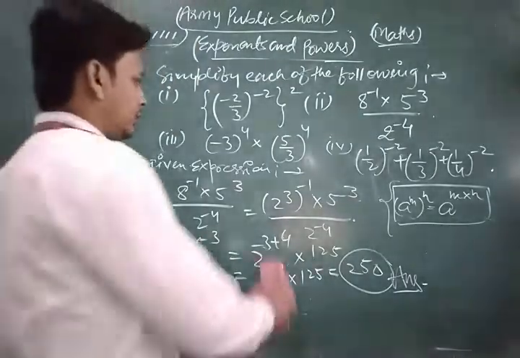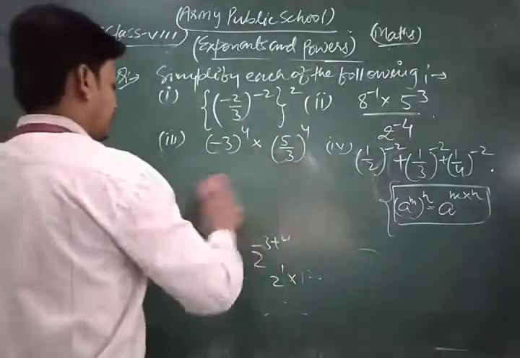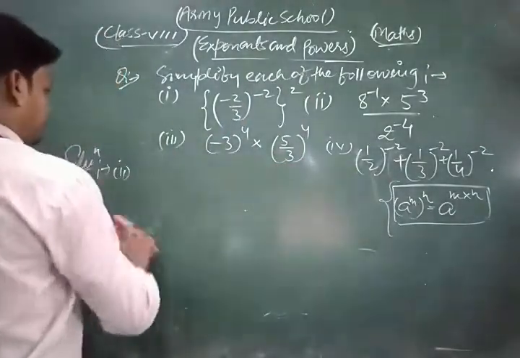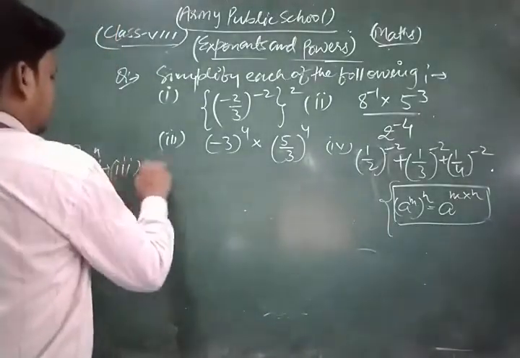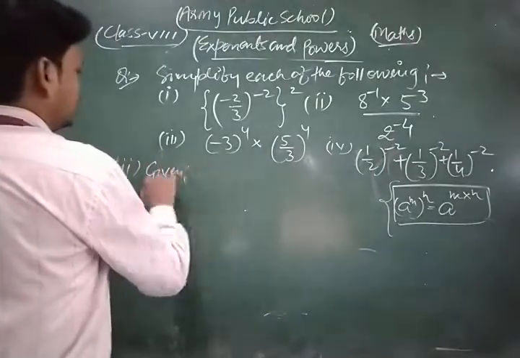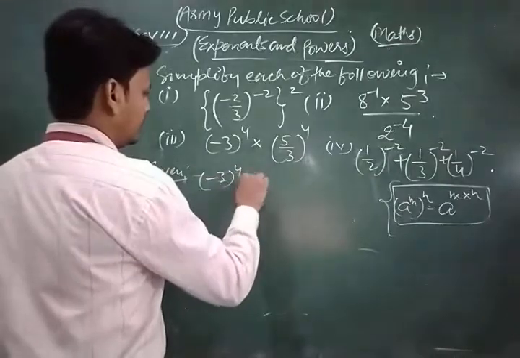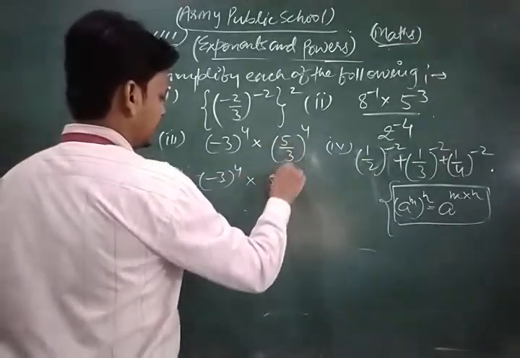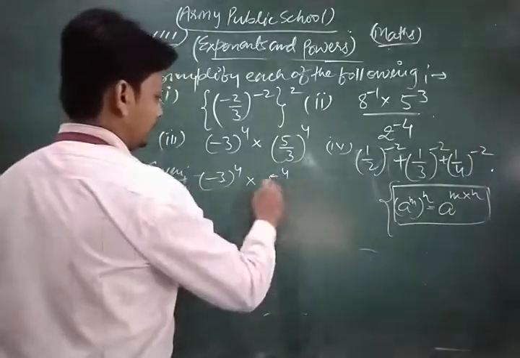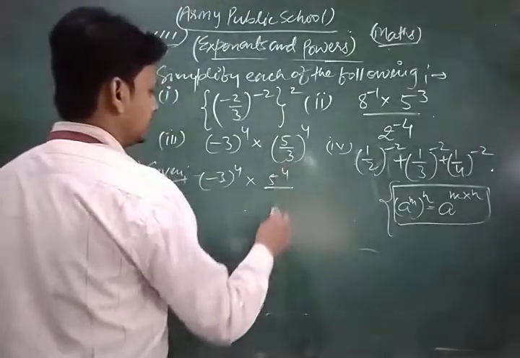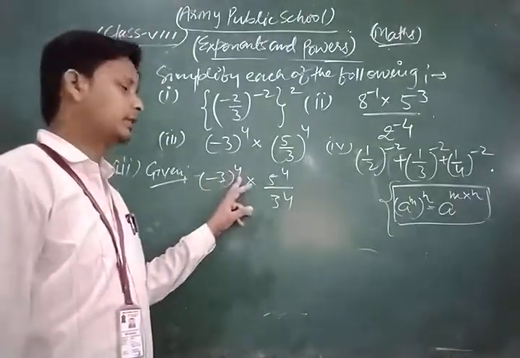Similarly we take the next part of this question. This is the third part. So this is the given expression: (-3)^4 into 5^3, we split the bracket, upon 3^4 with power 4. Now look, this is a negative number but the power is even, so the result is positive.